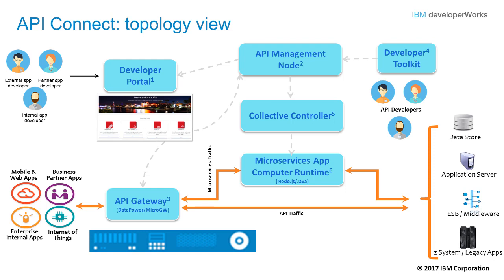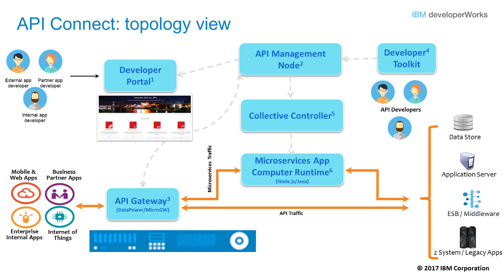The APIs that eventually appear on the developer portal are developed by a team of API developers using the API Connect Developer Toolkit. Once the API is published, it then becomes callable and usable through the API gateway associated through the API management node with the particular APIs.